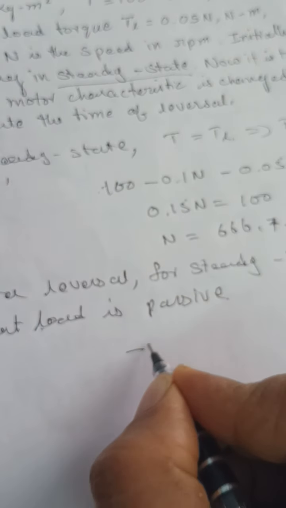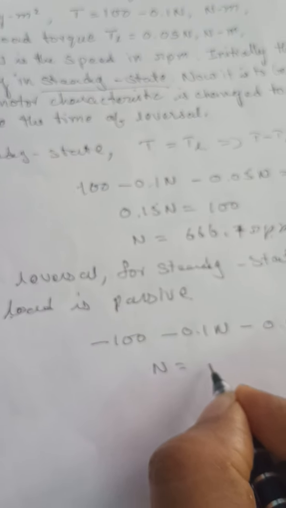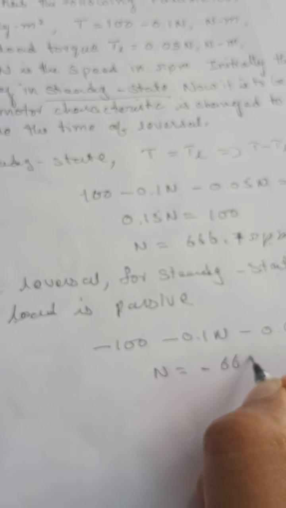I'll get minus 100 minus 0.1 n minus 0.05 n equal to 0. From this, if I calculate n, I'll get minus 666.7 rpm. Okay, so simple. Equate the n terms and get the value of n.